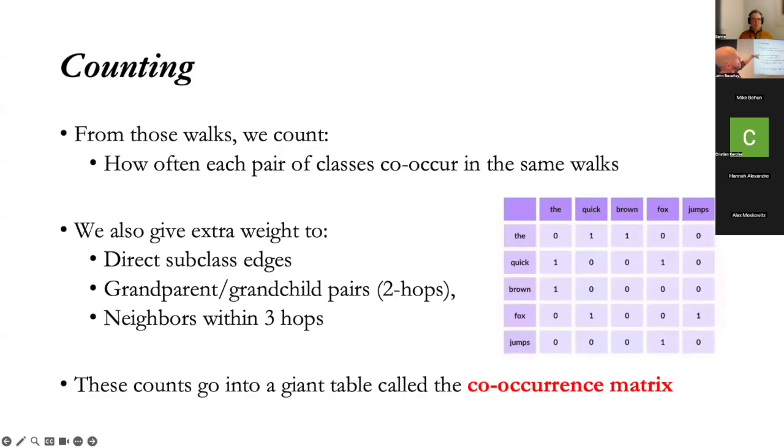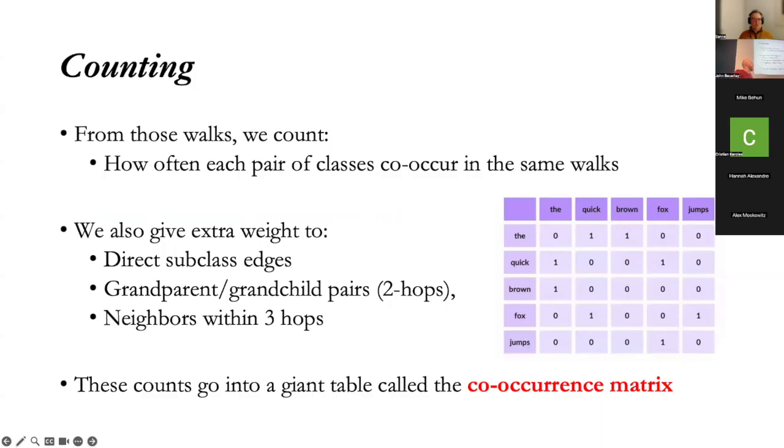From these walks, we count how often each pair of classes co-occurs in the same walk, the proximity to one another. And we're giving weights to close relationships, like direct subclass of, and we do it up to 3 hops. So we're prioritizing things that are within 3 hops from one another. We're saying these are more important than the others.